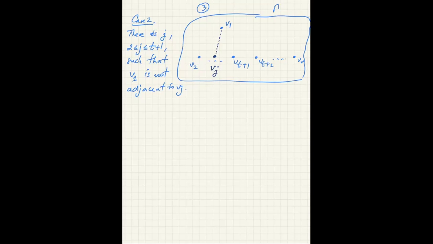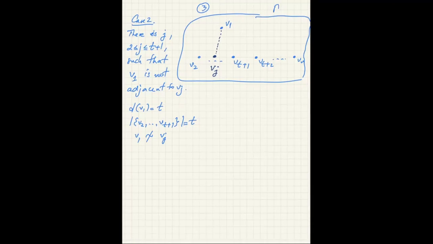Well, here's the argument. The degree of the vertex v1 is t, okay? And now the cardinality of the set v2, ..., v_{t+1}, I'm saying something very obvious here, is also t, but v1 is not adjacent to vj.